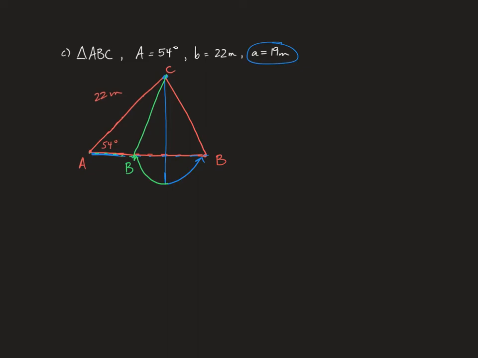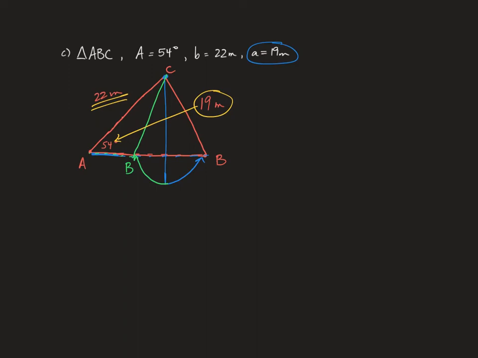So, if we were to look back at the construction of that, the key component is the fact that the given side that corresponds to angle A is my side length of 19. And it is the way this 19, the corresponding side, compares to the other given side.